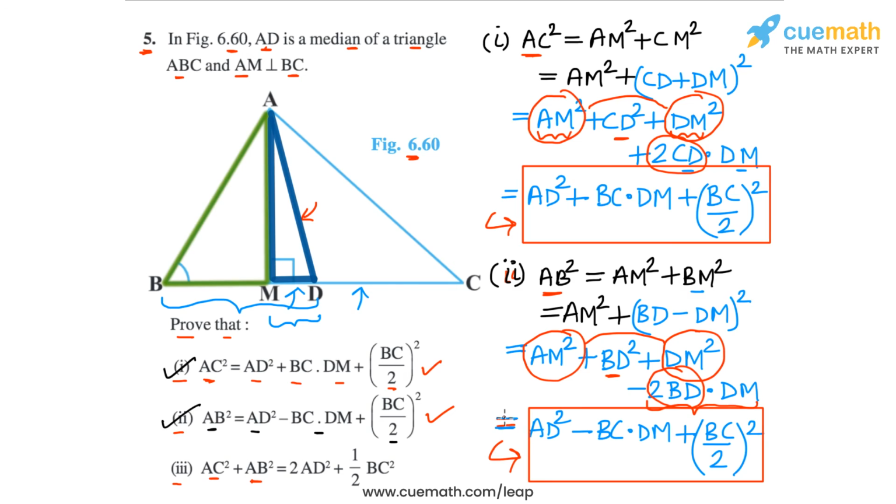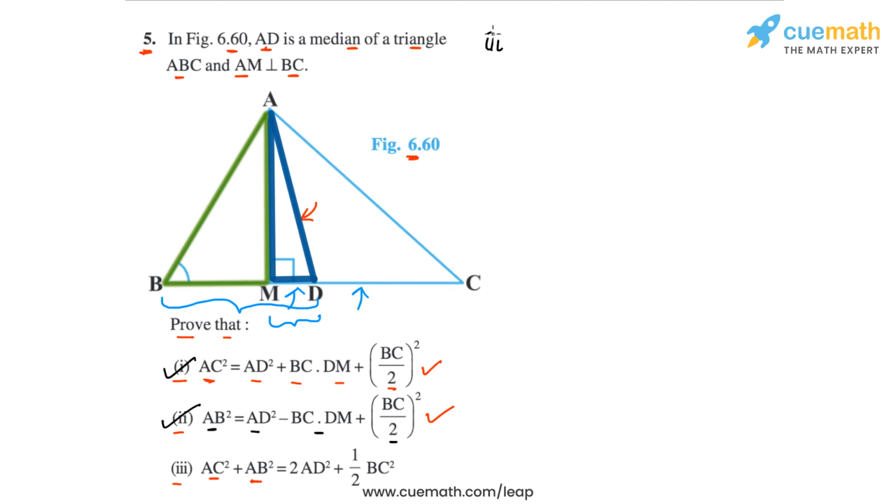So let's do that. Coming to part 3, we now have to find the sum of AC square and AB square, and as I said, we will simply add the expressions we have obtained for these two terms in the first two parts.